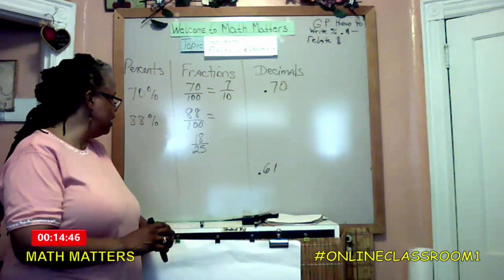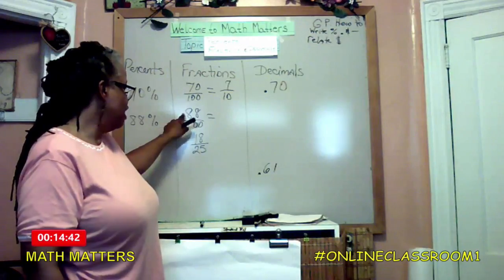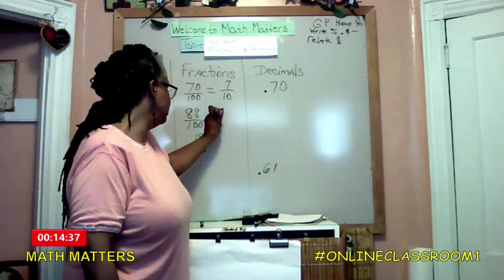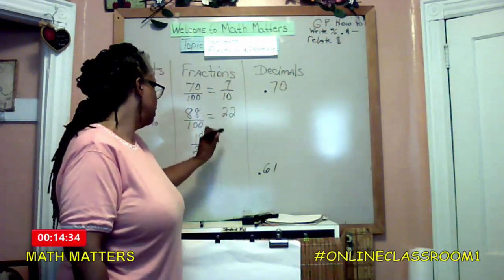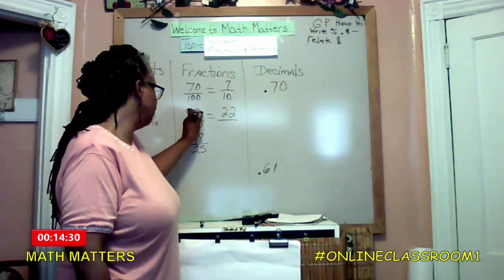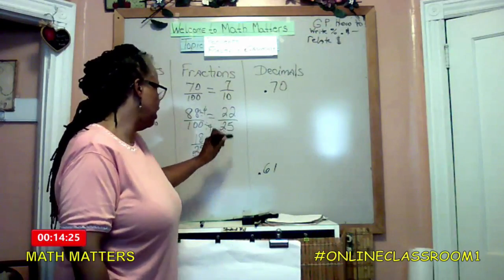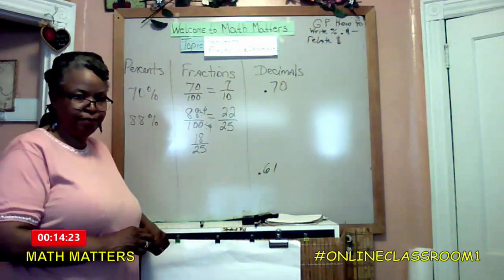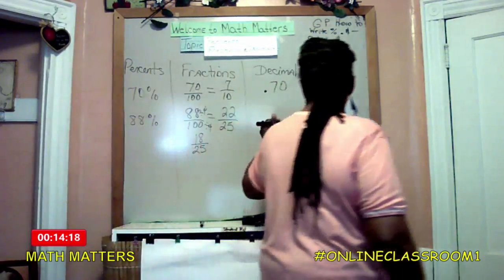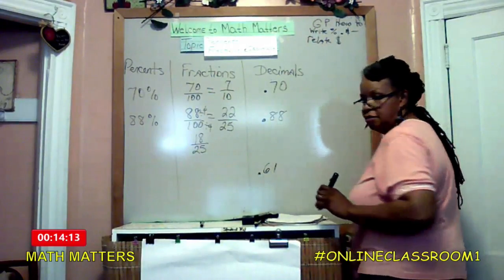Let's divide 4 into 88, and I'm going to get 22, over, now I divide 4 in the denominator too, 25. Beautiful. And if I write 88% as a decimal, it's going to look just like 88 cents.